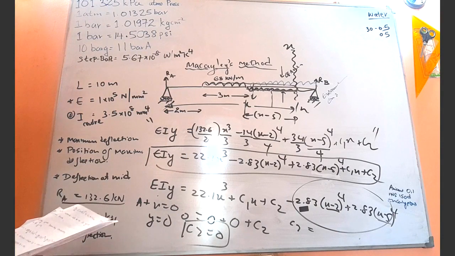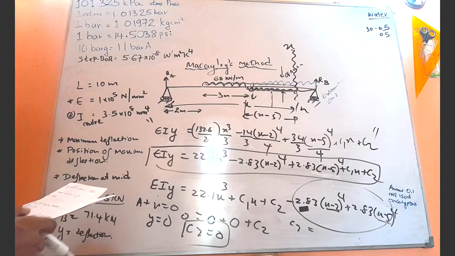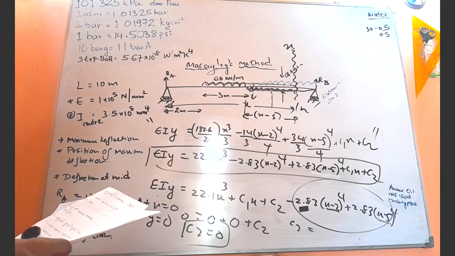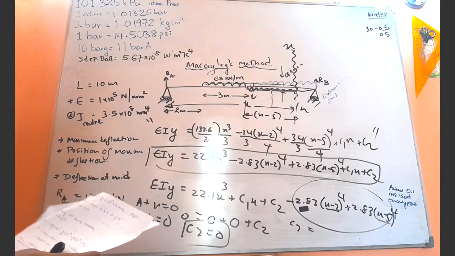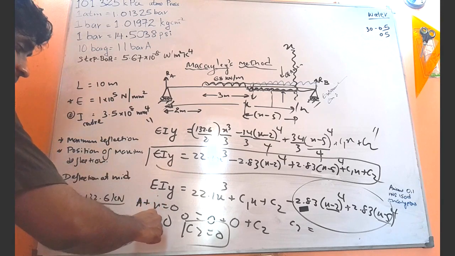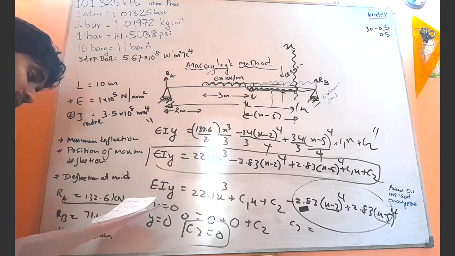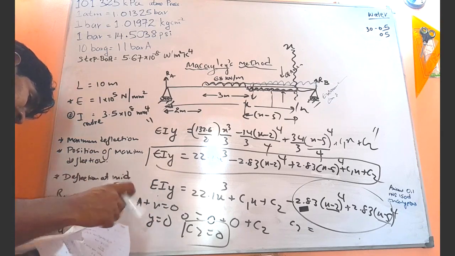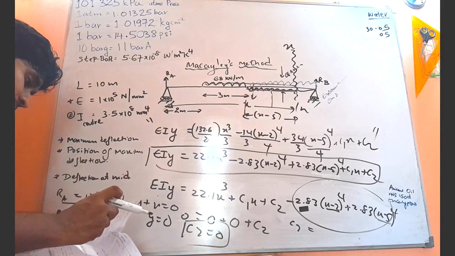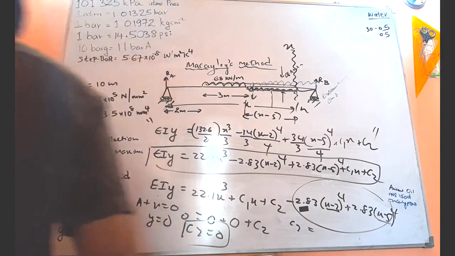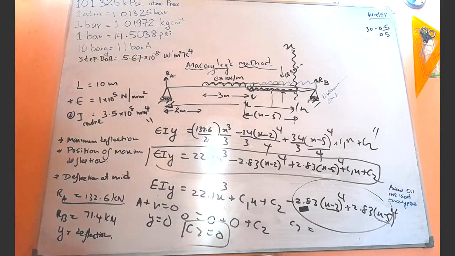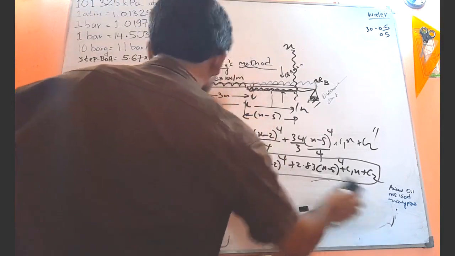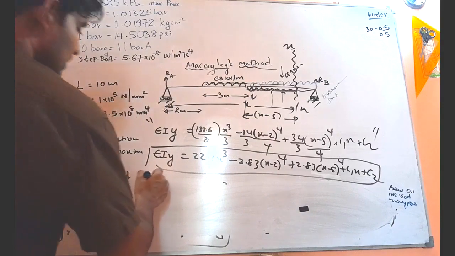Now let's use the other boundary condition. We know that when x equals 0, y equals 0, and C2 equals 0.